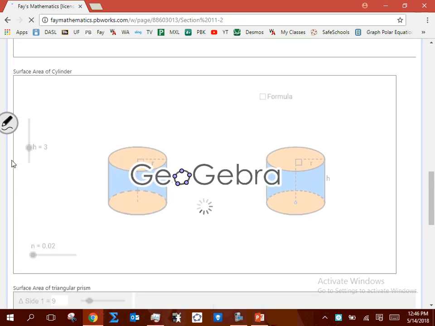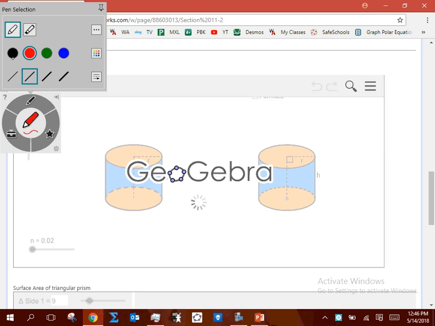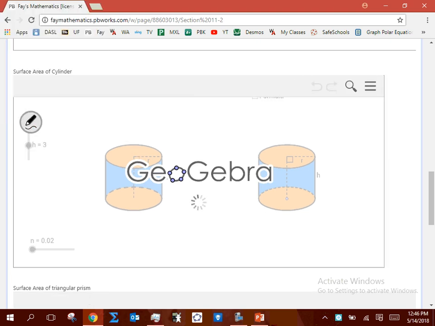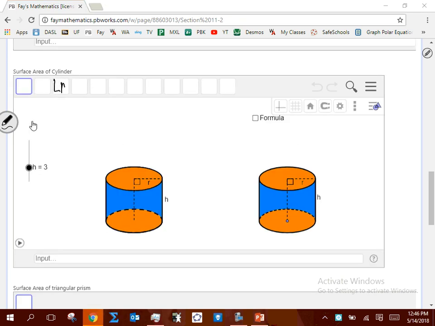Last class said they've seen a demonstration like this, but I'm trying to get you to realize that if you ever forget the formula for a cylinder, you have the ability to generate it pretty easily. The surface area for a cylinder is the same as the surface area for a prism. It's LA plus 2B.